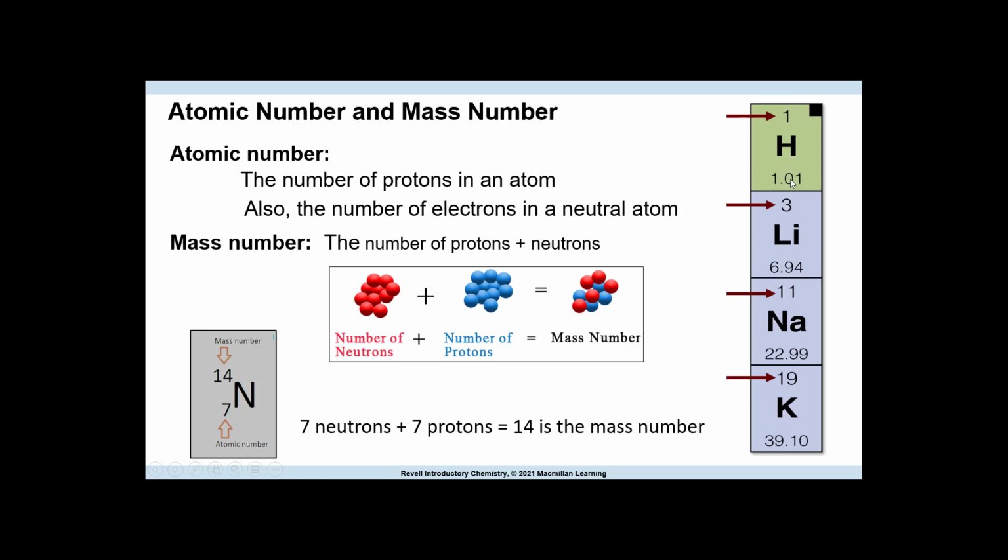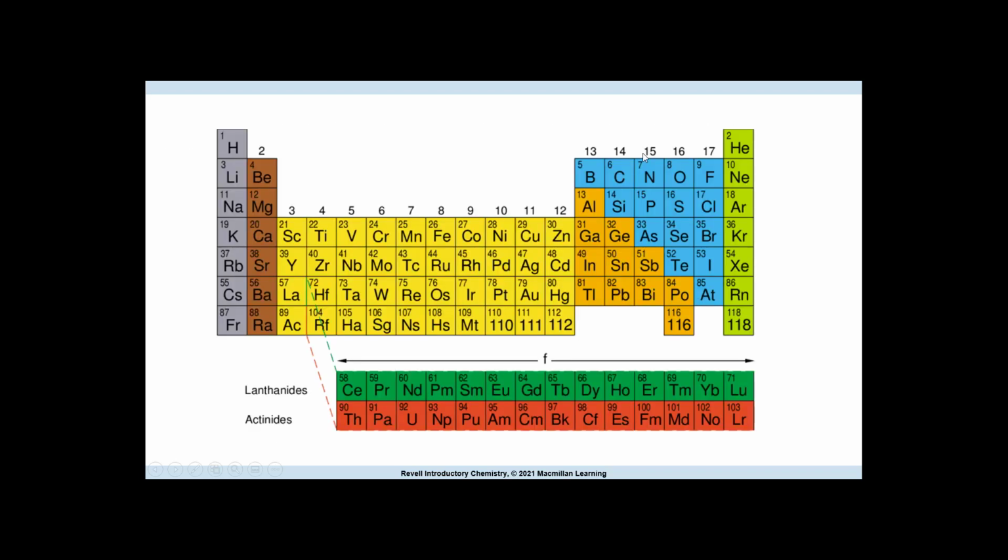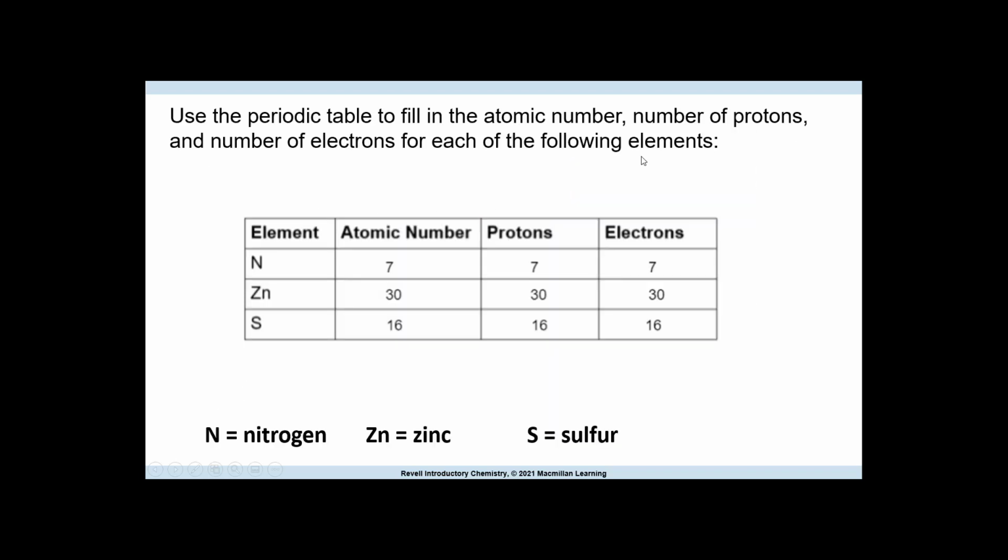However, some things are not always written like this. Sometimes you'll get the mass up here and the atomic number underneath. No, it's not always written like this. But your book wants to say it is, so you'll have to go with the rules of your book. Okay, so if we have to write this out, let's go back to the page.